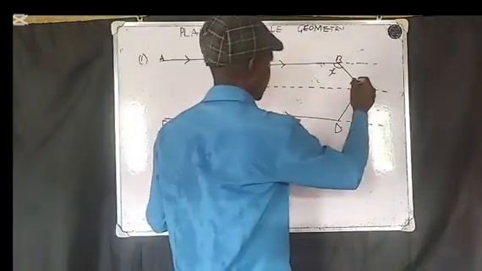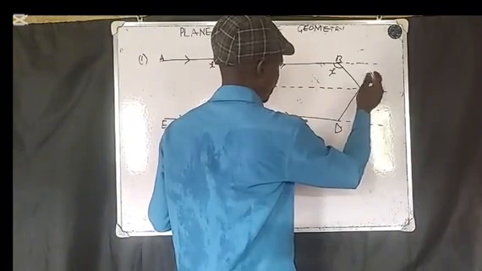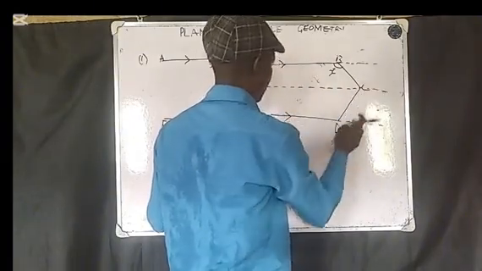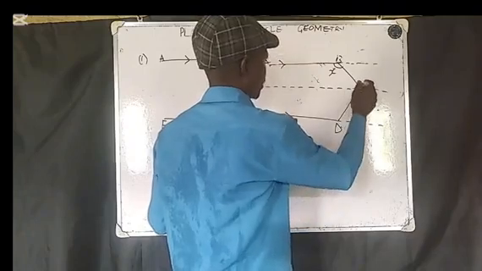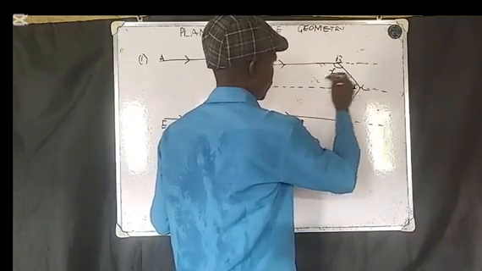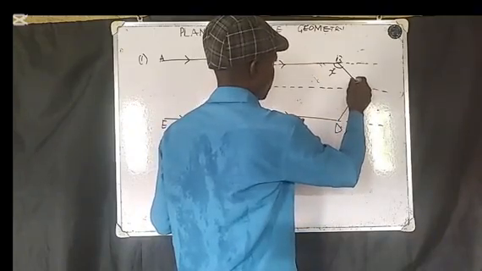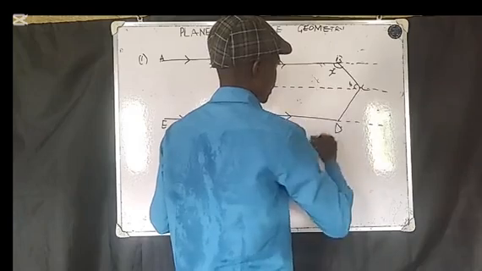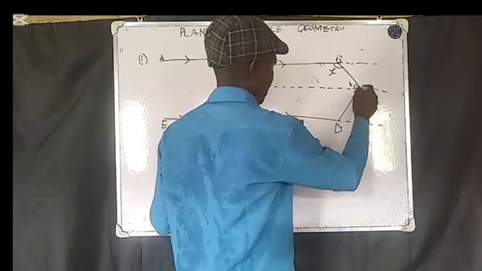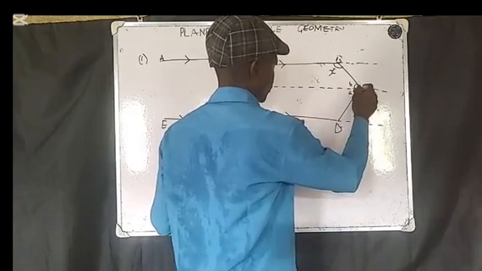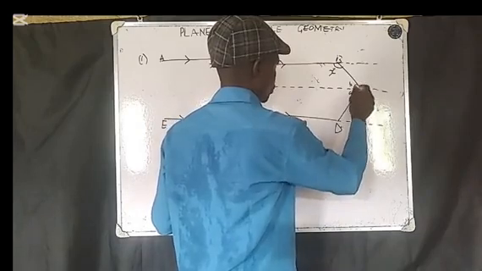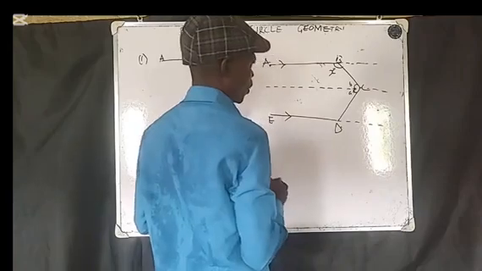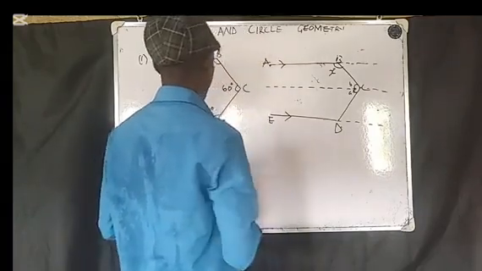Let's call this place A, B, C, D, E. Let's call this place small letter B. Let's call this place small letter A. And let's see how we go from there.